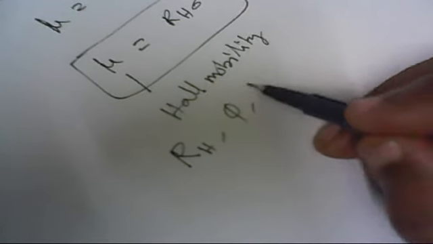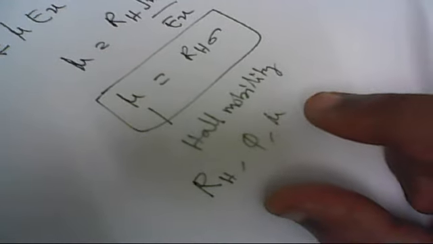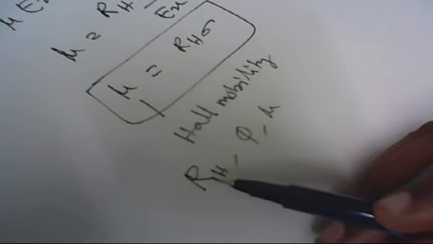So we have found out the values of RH, Hall angle, and mobility for an extrinsic semiconductor, which is having the majority carriers as holes or electrons. For example, in an n-type semiconductor, the Hall coefficient value will be negative, so the majority carriers are electrons.